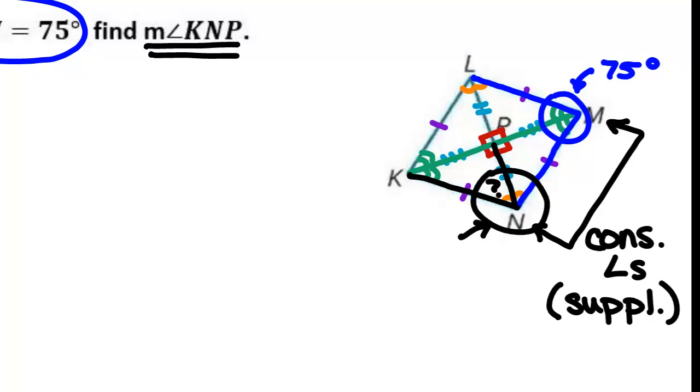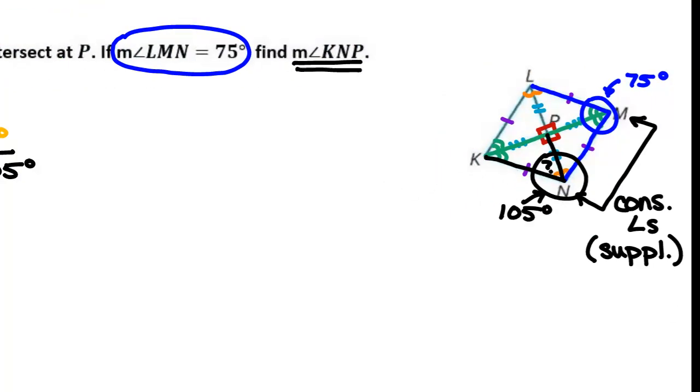This whole thing put together is 105 degrees, but I don't want that whole angle. I just want this little piece of it here. Well, how much of this whole big angle, KNM, is the little part that I want? Half of it.